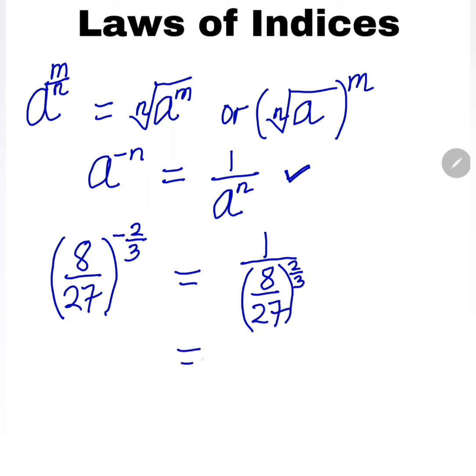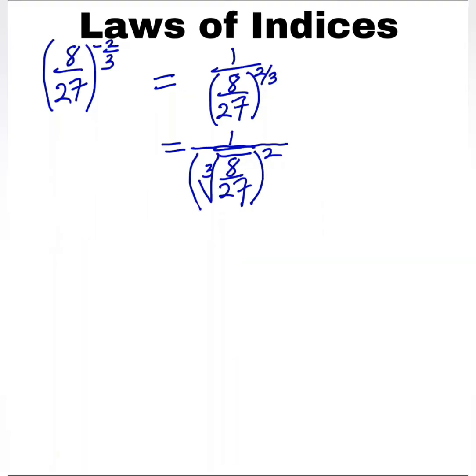Then, after you have done this, you can now apply law 6. If you apply law 6, it's going to be 1 divided by the cube root of 8 divided by 27 all squared. So, having applied the negative index law and law 6, you continue to simplify.